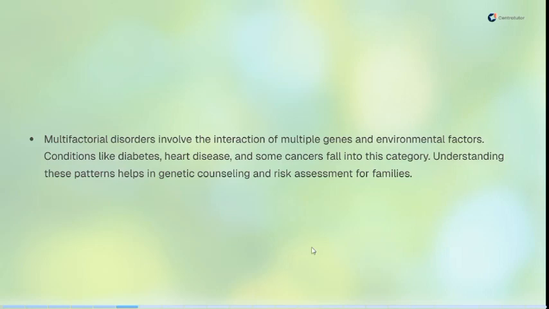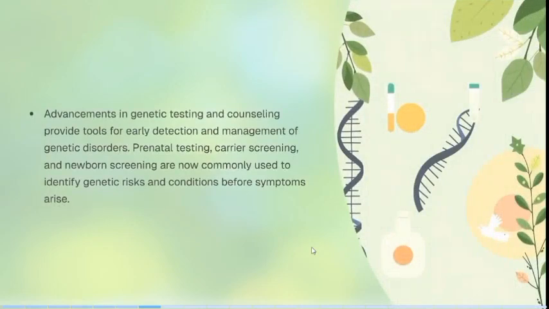Understanding these patterns helps in genetic counseling and risk assessment for families. Advancements in genetic testing and counseling provide tools for early detection and management of genetic disorders. Parental testing, carrier screening, and newborn screening are common, and these are used to identify genetic risks and conditions before symptoms arise.